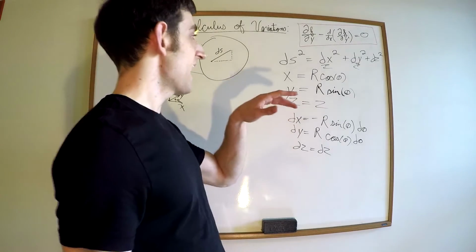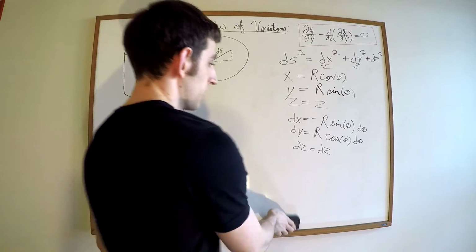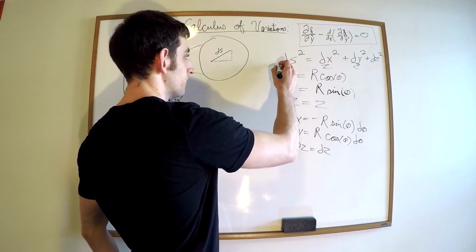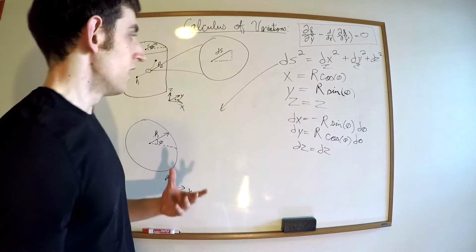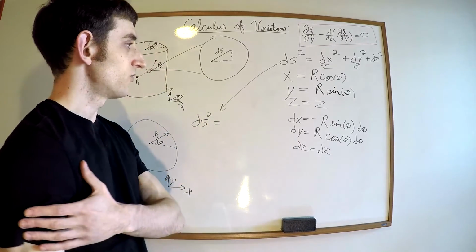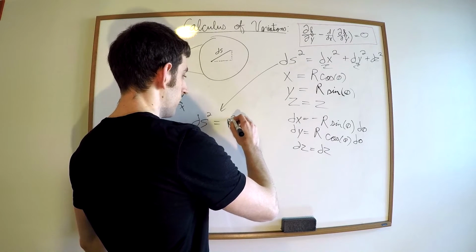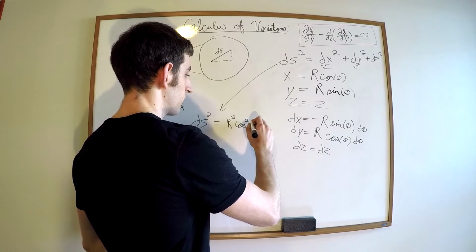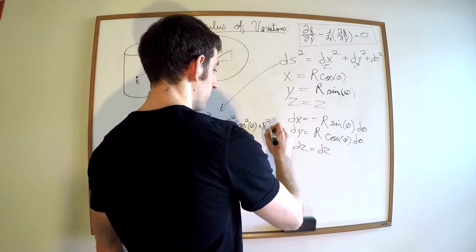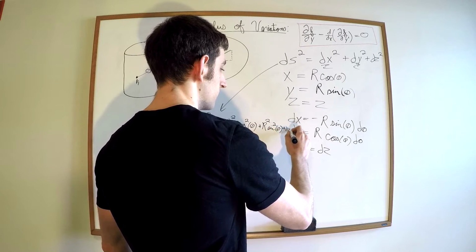So if we have dx squared plus dy squared, or rather, I'm going to erase this guy. No, I guess I'll leave it there. Let's bring this guy down here. So we get ds squared is equal to, we plug in all this stuff, we get r squared cosine squared theta plus r squared sine squared theta plus dz squared.